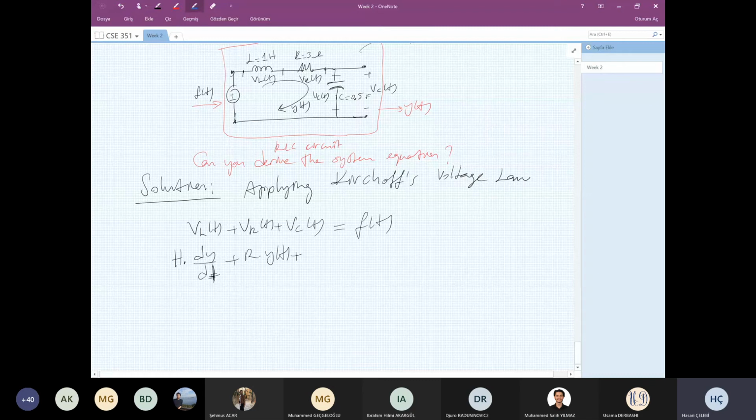And the capacitor was 1 over C times the integration from minus infinity to t of the current. This is how we calculate the voltage of a capacitor. So that was for the inductor, that was for the resistor, and that was for the capacitor voltage. And this is equal to the input voltage, which is f of t in our case.